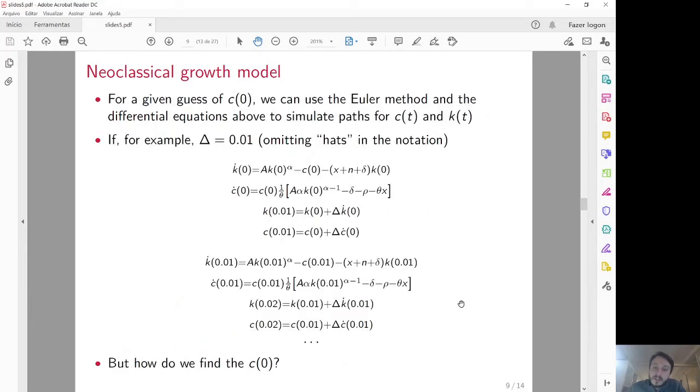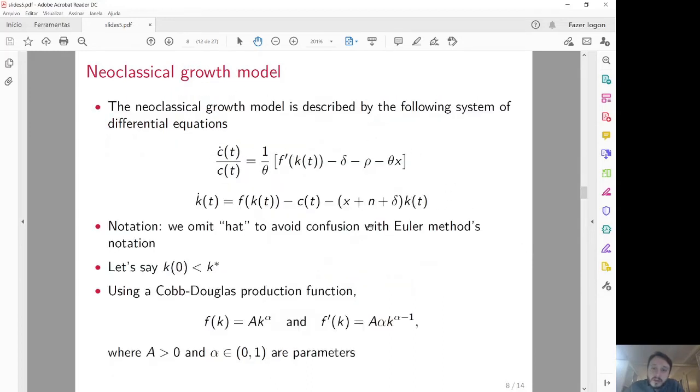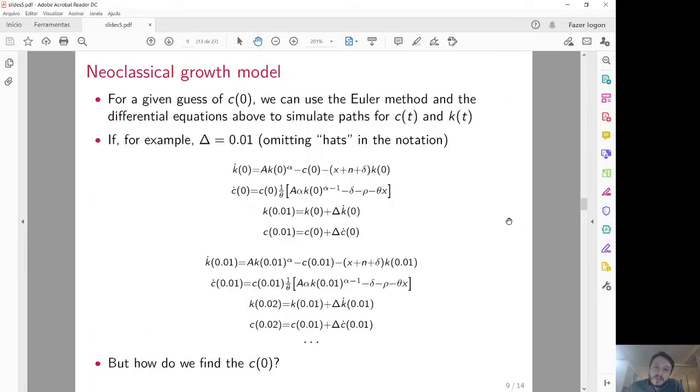So first, let's use what we learned regarding the Euler method and apply it to the neoclassical growth model. So let's say that we have a guess of the initial consumption. So we have a value for the initial consumption. We can use the Euler method and the differential equations to simulate a path of consumption and capital for several time periods.